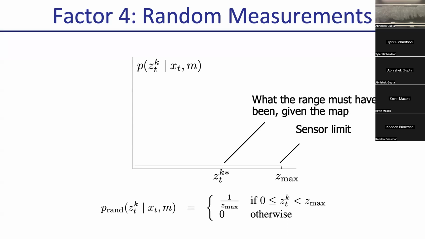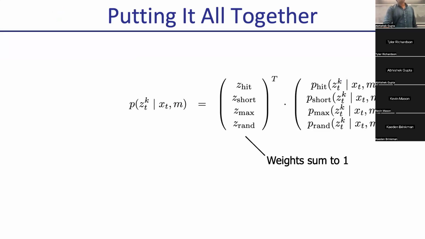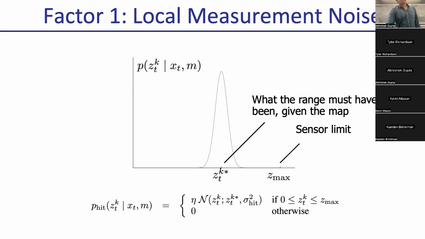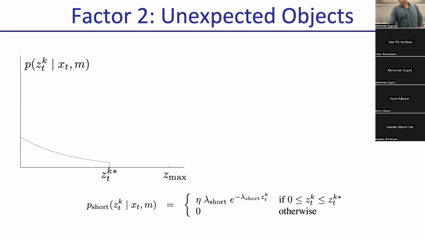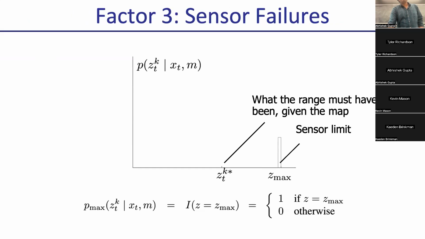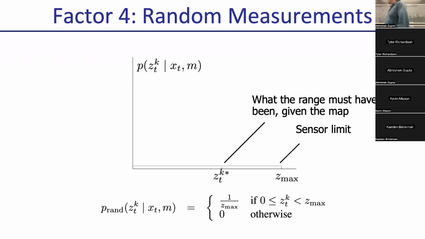Okay? So the four types of errors are local Gaussian noise, unexpected objects, sensor failures, and random measurements. Local Gaussian noise is just a Gaussian. Unexpected objects is something that's high likelihood at the start and then goes down. Sensor failures just give you the maximum. And then you're going to have some amount of uniform random measurements, right?